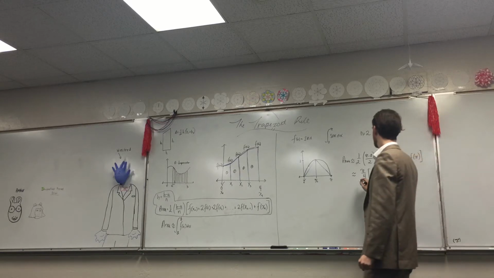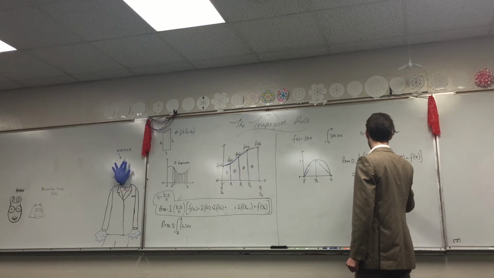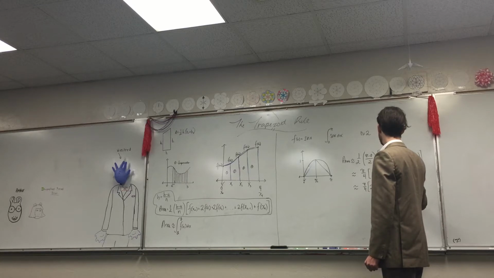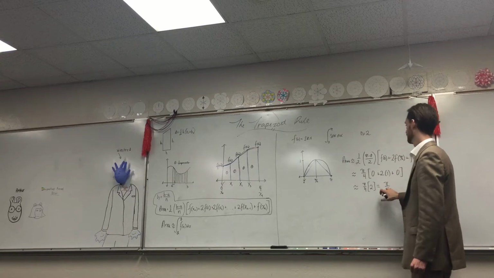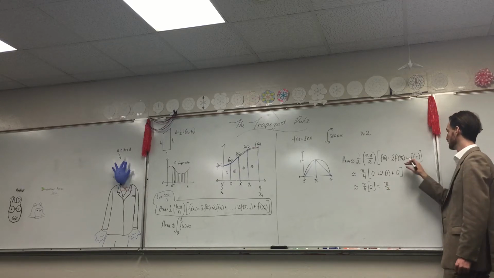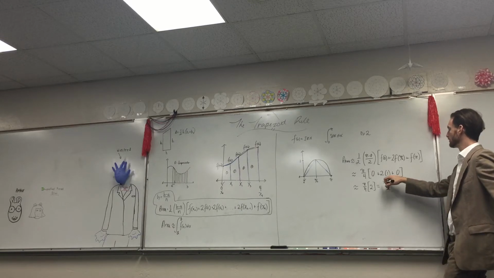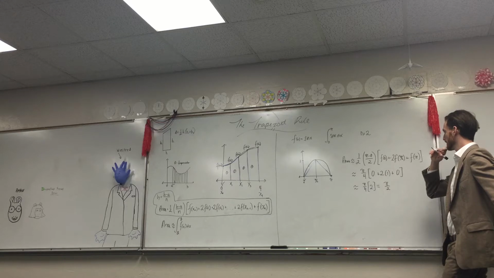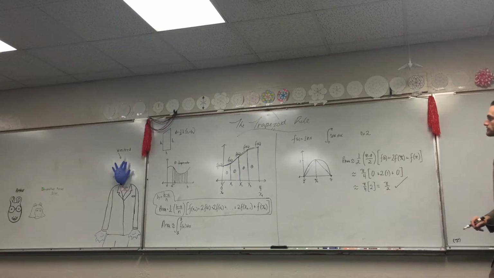So this ends up as pi over 4 times 2, which equals pi over 2. Wait, wouldn't it be 2 times f of pi over 2? Yes, pi over 2 times 1. Got that? And so that's our answer right there.